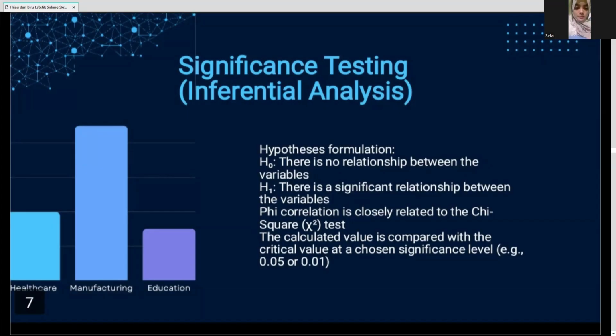H1, the alternative hypothesis: there is a significant relationship between the variables. Phi correlation is closely related to the chi-square test. The calculated value is compared with the critical value at the chosen significance level, such as 0.05 or 0.01. Next.